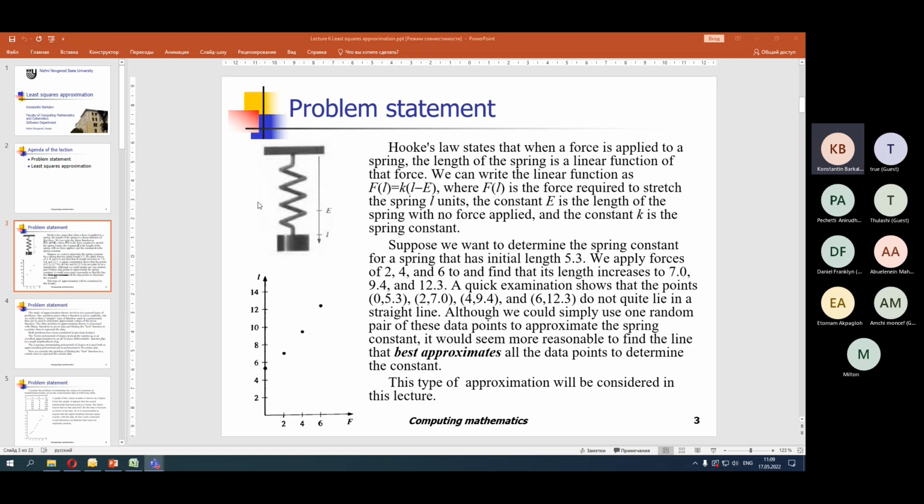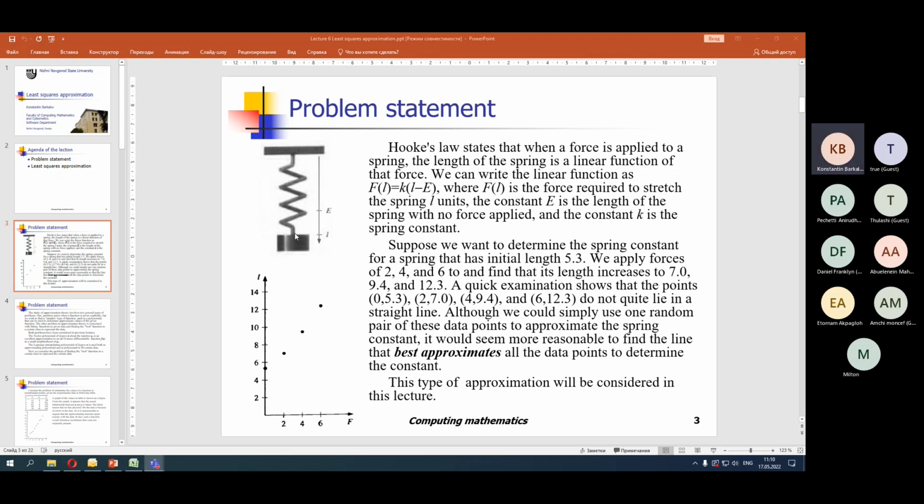Let's consider some real-life problem. From physics, we know that Hooke's law states that when a force is applied to a spring, then the length of the spring is a linear function of that force.